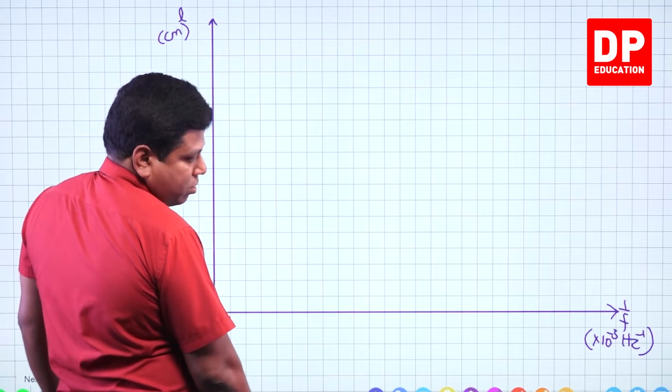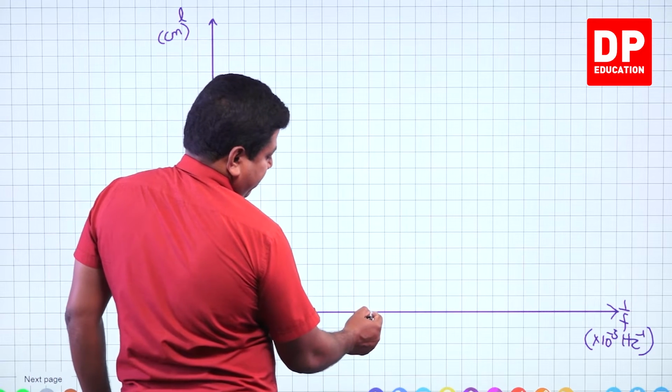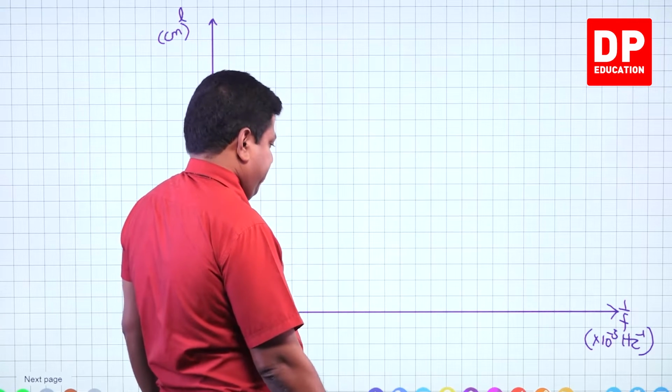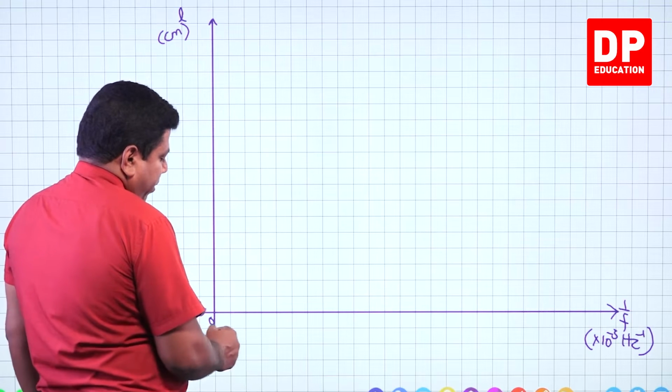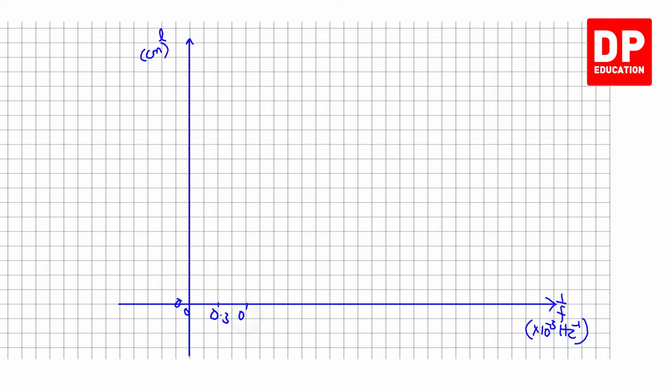Then we will take 1.5 by 1.5 divisions: 0.3, 0.6, 0.9, 1.2, 1.5, 1.8, 2.1, 2.4, 2.7.